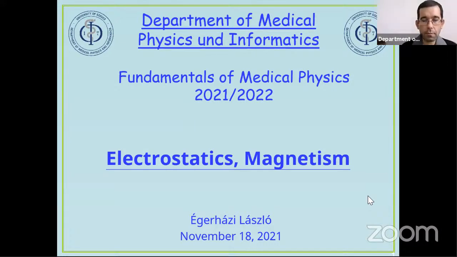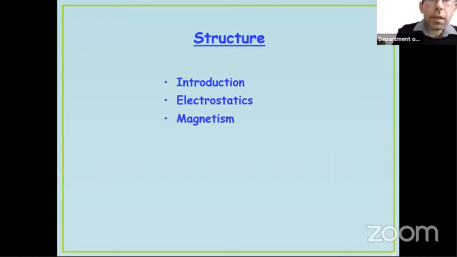It's electrostatics and magnetism. Today, after the introduction, we are going to have 2 main parts, electrostatics and magnetism. Although they are usually taught separately in elementary and high schools, there are a lot of connections between these 2 topics.